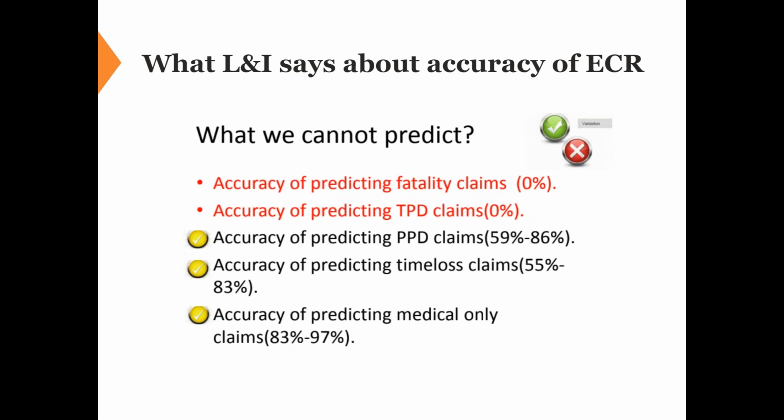Their accuracy of predicting time loss is 55 to 83. Again, huge range. And their accuracy of predicting medical only, 83 to 97%. So how I read this slide from L&I is that they basically are doing a pretty good job of knowing which ones are medical only, and that they're not as good at predicting which ones are time loss or PPD. And I can verify that.